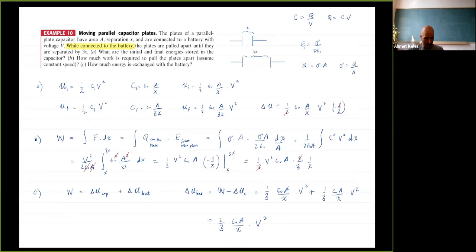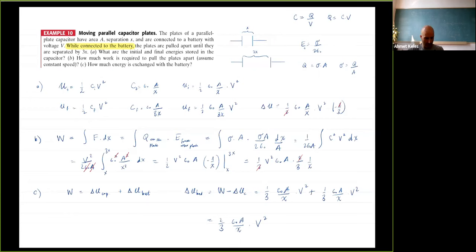Now I want to introduce something called dielectrics. So far the capacitors we had were empty in between. And actually we can insert something in between and ask what happens. This is more of an empirical question, and we can think about it in two ways.